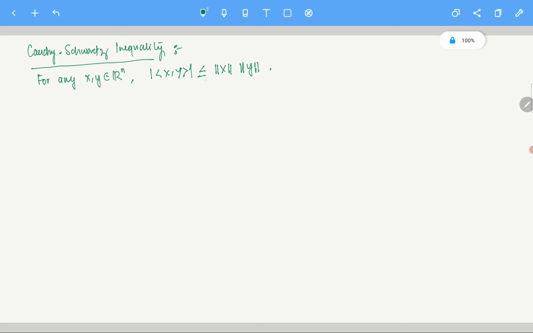And the question is this: when is the equality true? The inequality is strict unless one of the vectors is a multiple of the other.